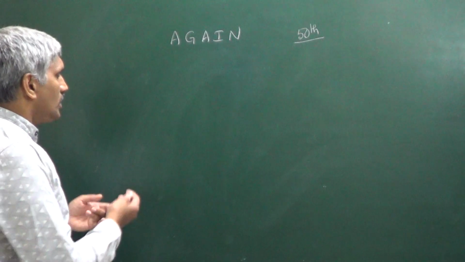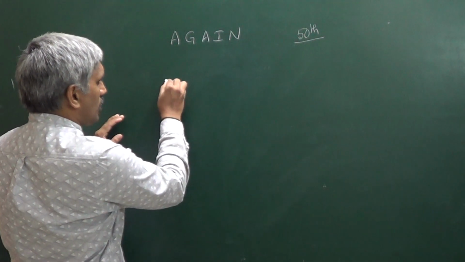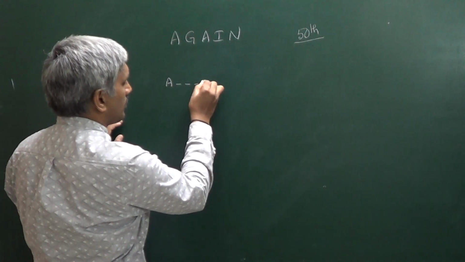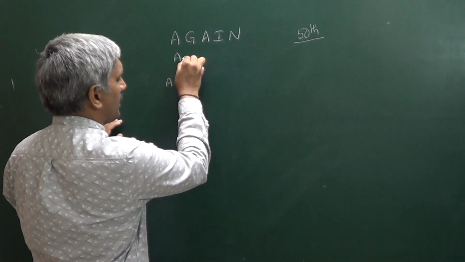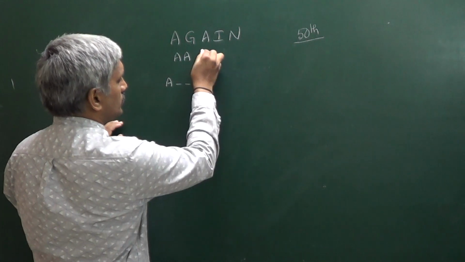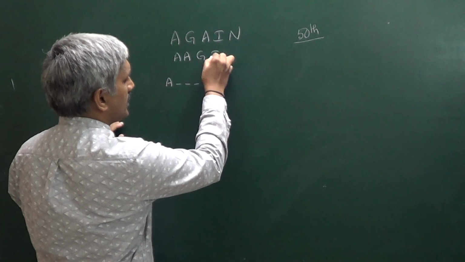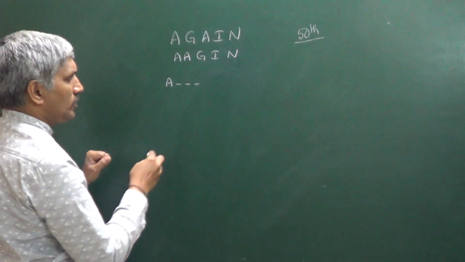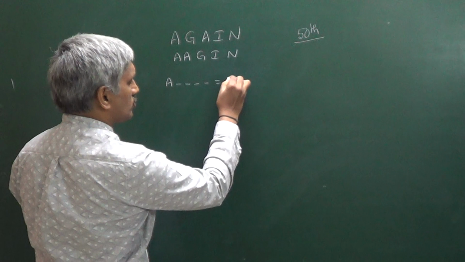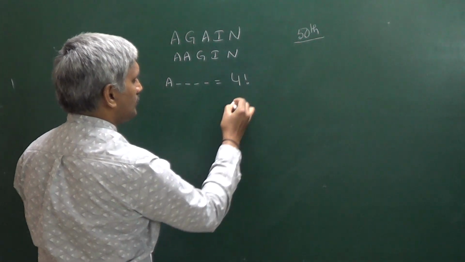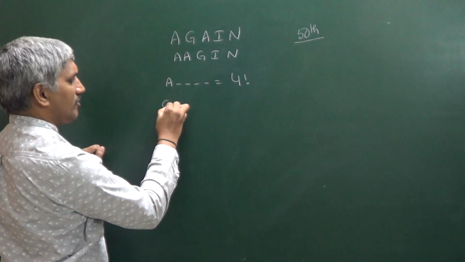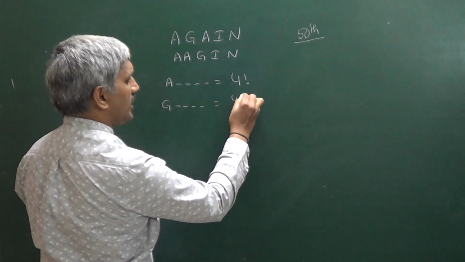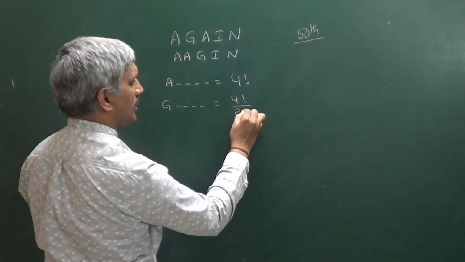See here. First of all, the number of words that begin with A, because of alphabetical order, agree or not? A, G, I, N, that is the alphabetical order, right? Number of words that begin with A is 4 factorial. Number of words that begin with G is 4 factorial divided by 2 factorial.